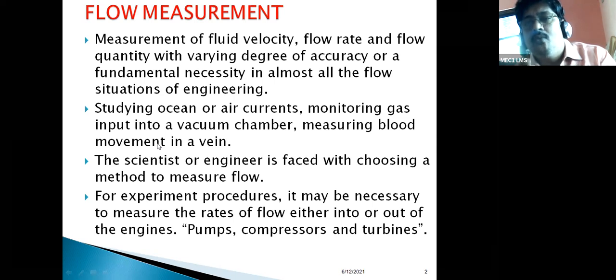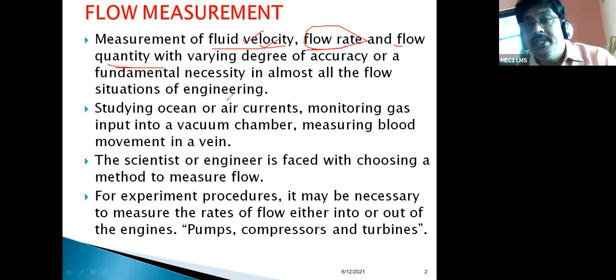Here, meter cube is nothing but the volume or quantity, the flow quantity. Here we are discussing flow quantity, and we already discussed this, right? Flow rate and fluid velocity, right? This flow rate depends on the fluid velocity, and this flow quantity also depends upon the fluid velocity.